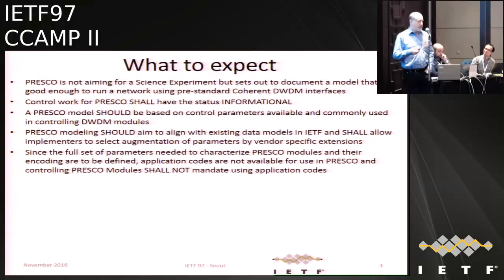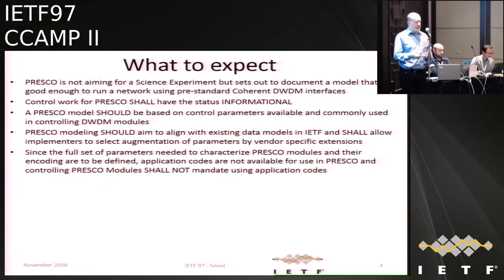For those of you not familiar with application codes, an application code is basically an abbreviation of a set of different optical parameters that an optical interface delivers. Those application codes get defined by the standardization organization once the standard is there. Since we are strictly speaking about non-standard interfaces, there is no point in using standard application codes because they are simply not there.